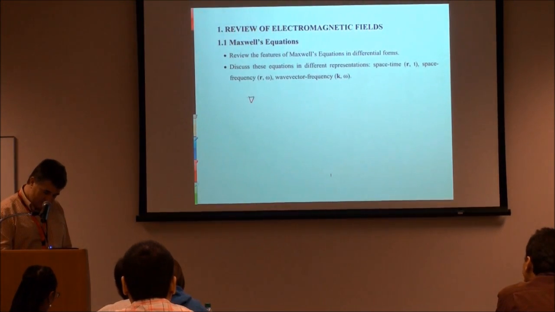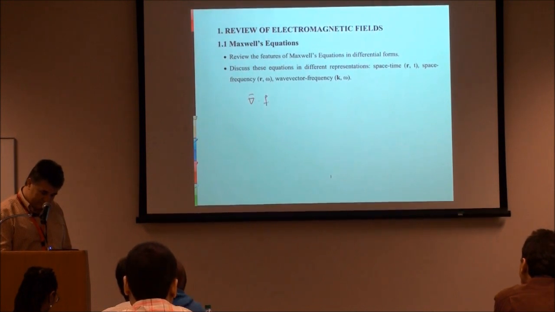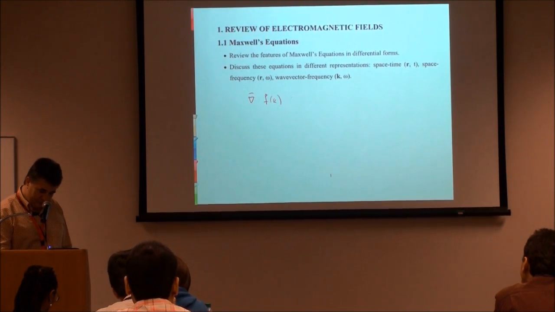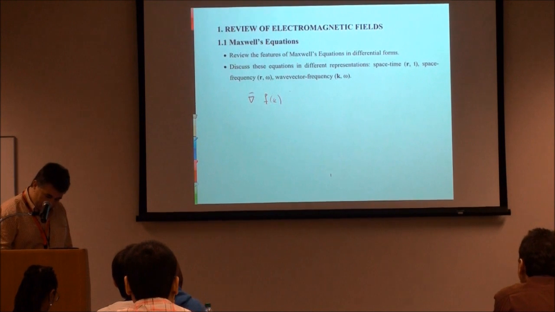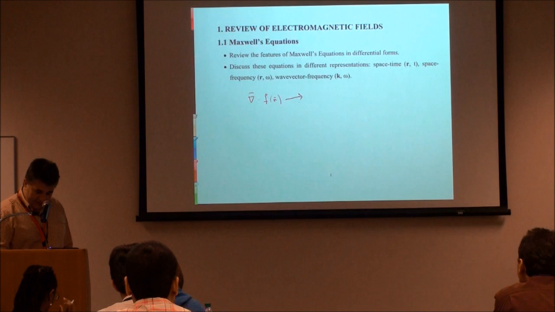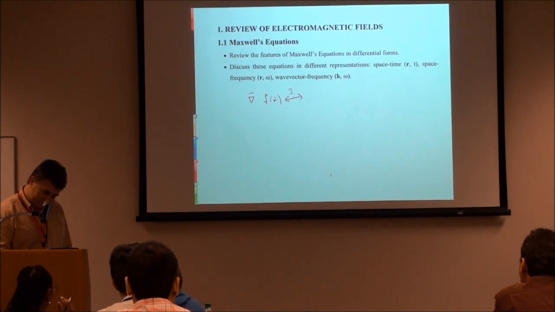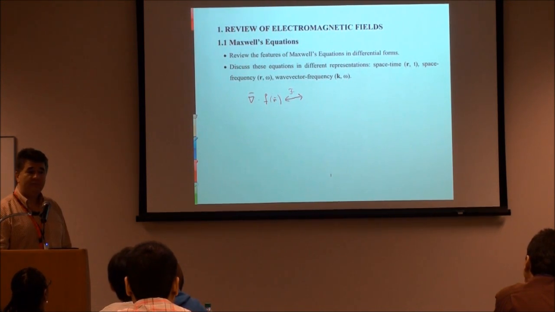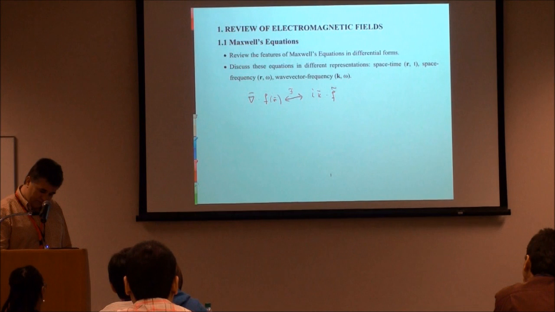If I apply this operator to a certain function, f of r, it will give me what? This arrow means Fourier transform. What would that give me? i k vector times the Fourier transform of f of r, at k.